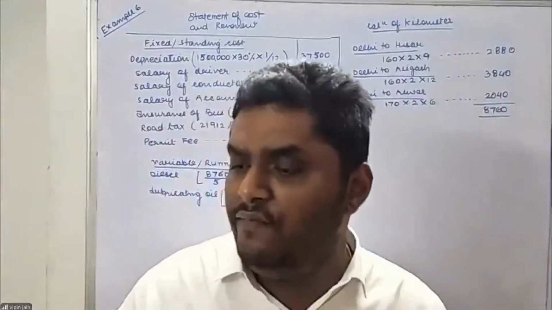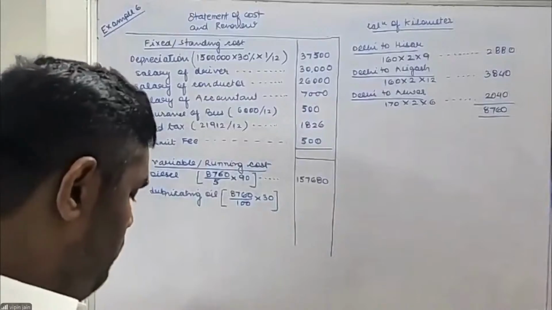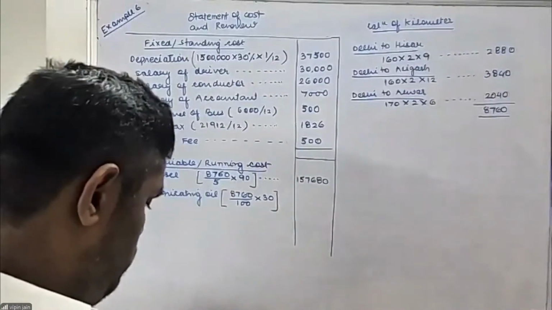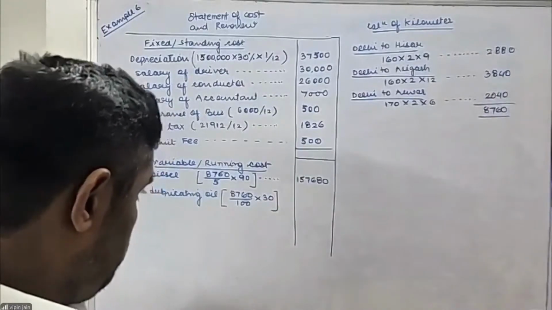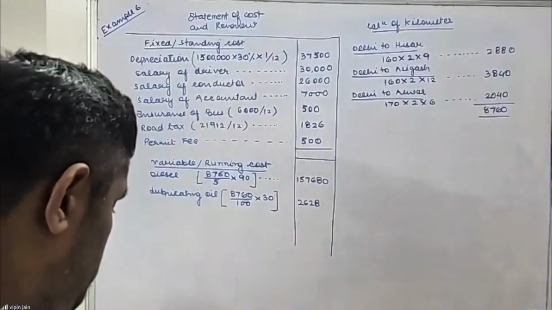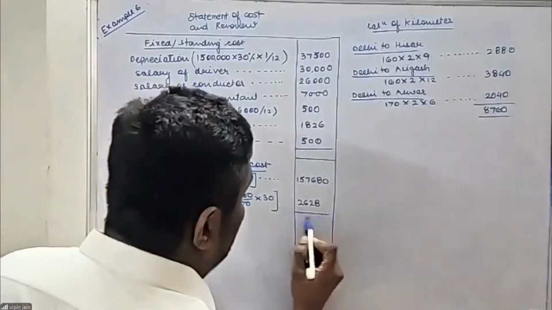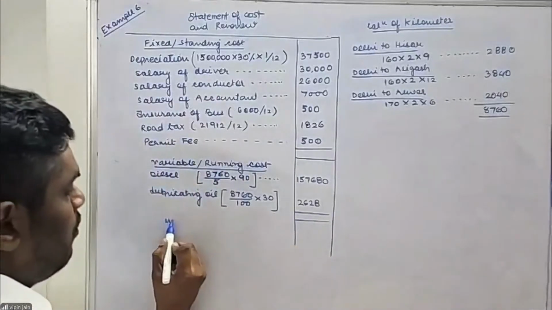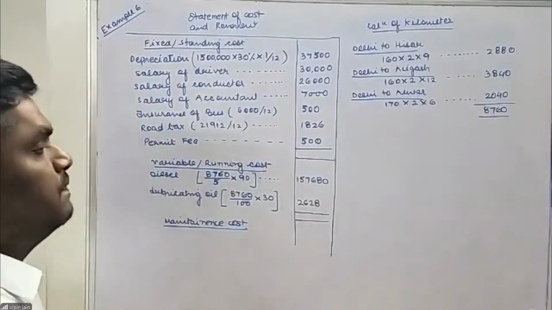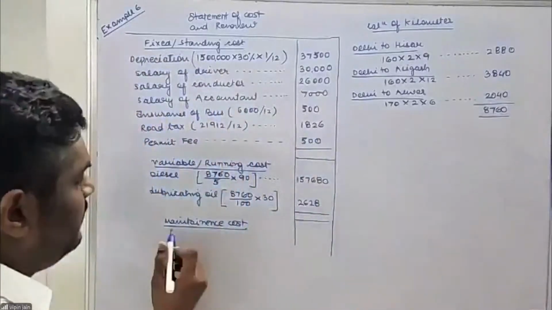It is given rupees 30 for every 100 kilometers. The last one is maintenance cost, and the repairs and maintenance are given straight away. That is 5,000 per month.